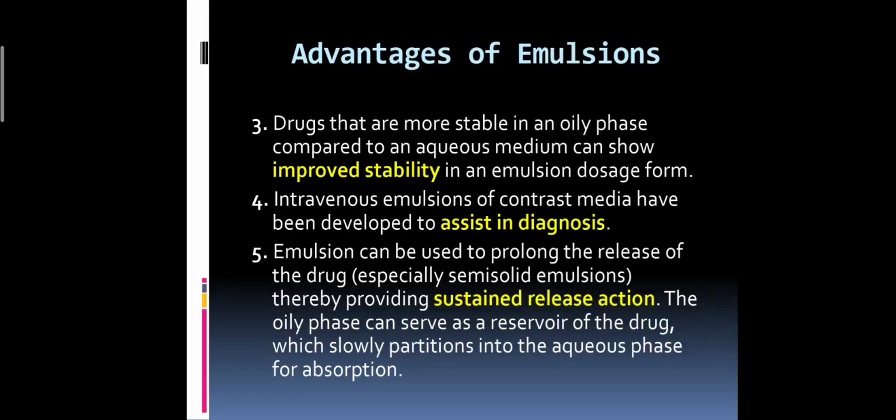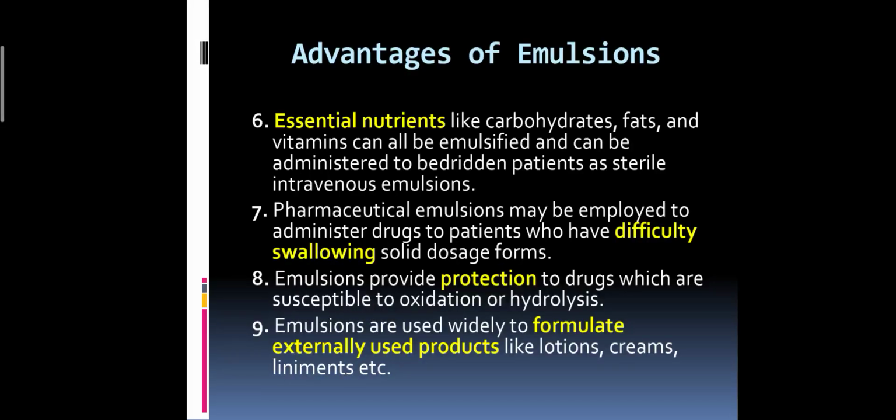The fourth one is that some intravenous emulsions are used which assist us in the diagnosis of certain diseases. The fifth one is that emulsions give a prolonged release of drug, that means they show a sustained release action. The sixth one is that some essential nutrients like carbohydrates, fats and vitamins can be made into emulsions, and then we can administer them to bedridden patients.